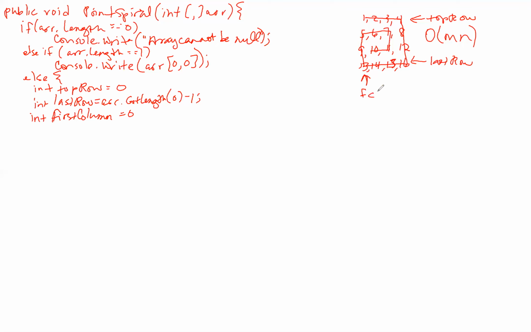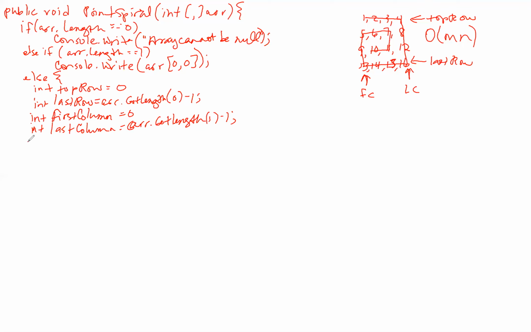We'll just put FC. And we're going to have our last column. That's going to be array dot get length at 1, minus 1. Okay, and this is our last column. All right, and so essentially we'll be just moving everything down 1 or up 1 depending on what we're trying to do.